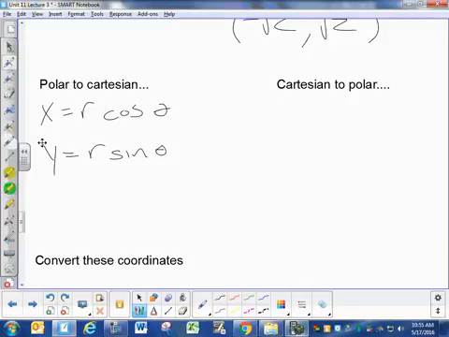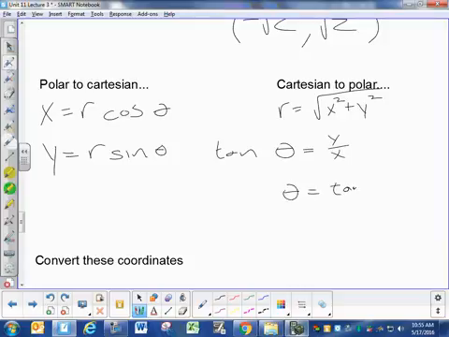If you have Cartesian to polar, we will be able to find r by taking the square root of the sum of the lengths squared, and we'd be able to find theta using any ratio, tan, sine, cosine, but since you're already given y and x, might as well use tangent.